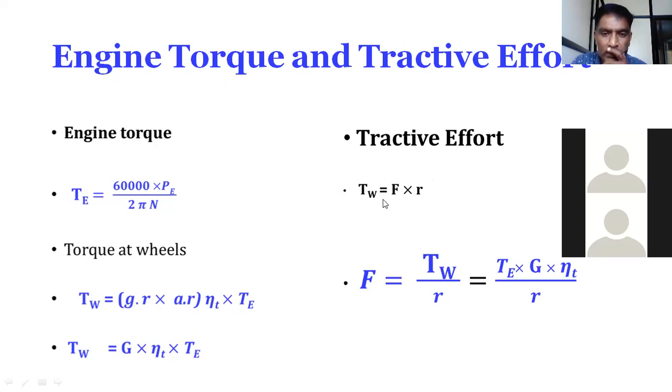Therefore, this TW is equal to F into R. Therefore, F is equal to the torque available at the wheels divided by R. So torque available at the wheels is calculated with the help of T into G into transmission efficiency divided by this R. So this is about engine torque and the tractive effort.